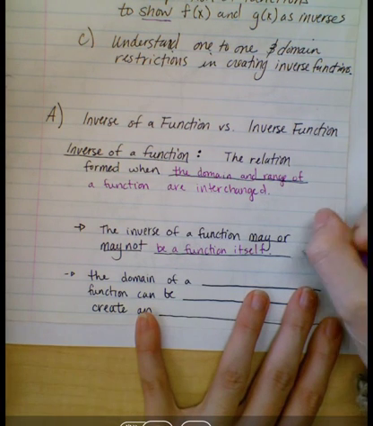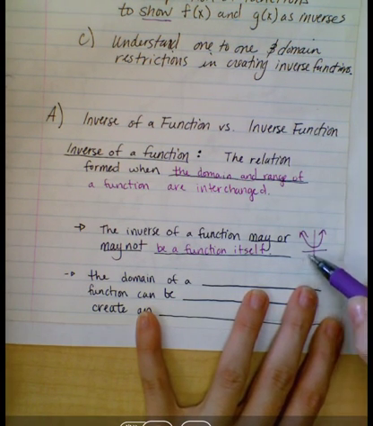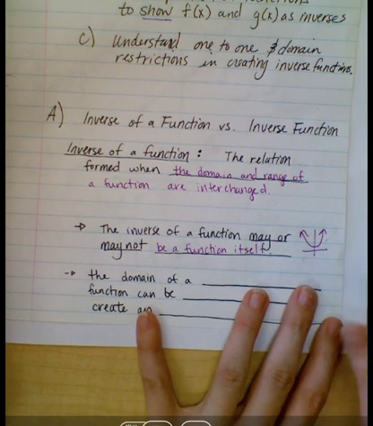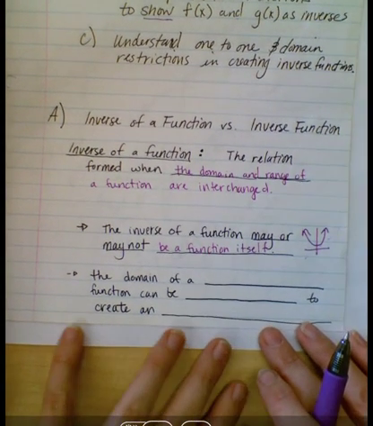So for example, quadratic function, if I reflect it over the line y equals x, not a function, but that is the inverse of the function versus an inverse function. Okay.